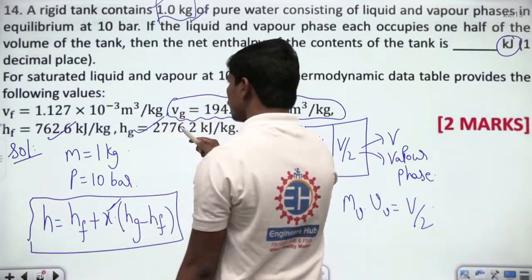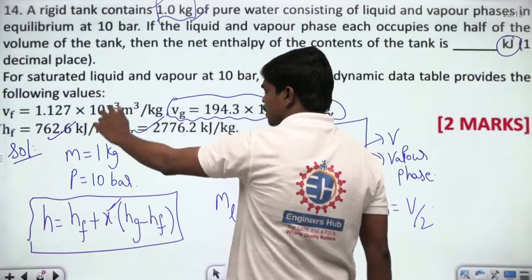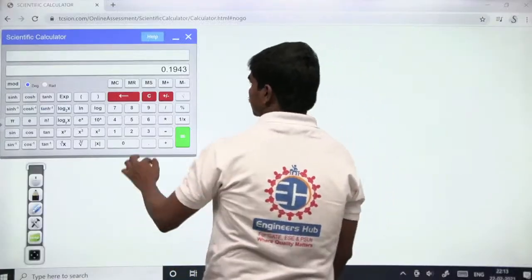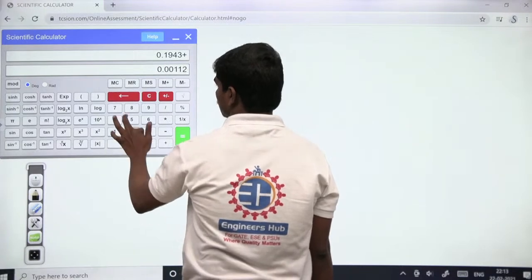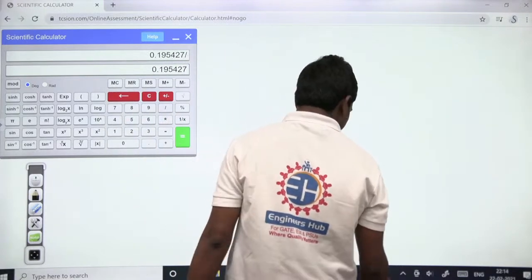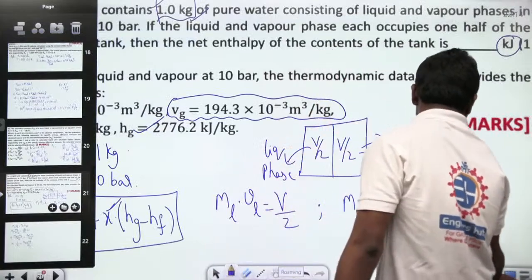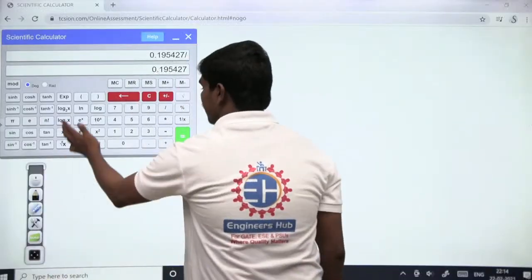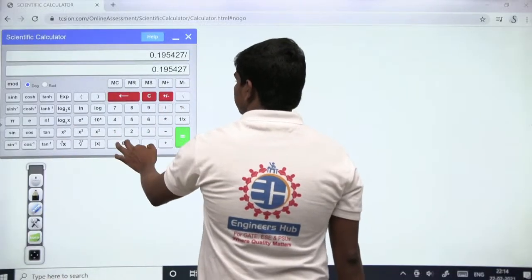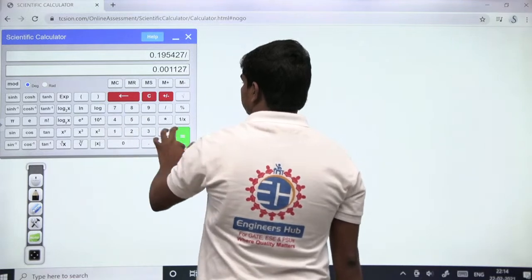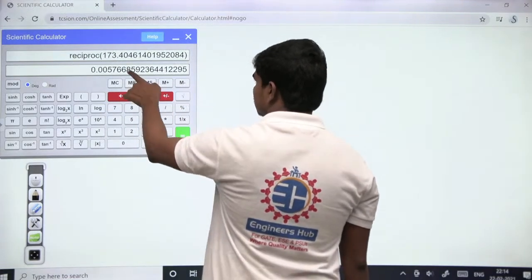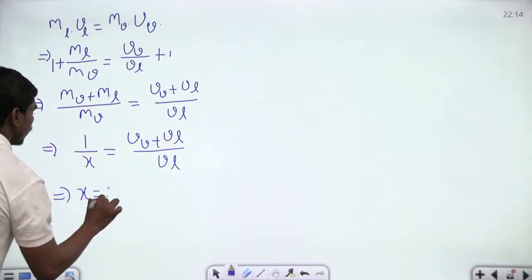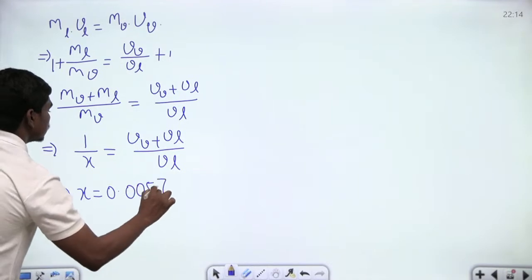Next, plus Vf, which is 0.001127, divided by, in the final expression we have VL in the denominator, correct? So VL is nothing but again 0.001127. This is 1 by x. So x, the dryness fraction, is 0.0057. Okay, this is your dryness fraction.